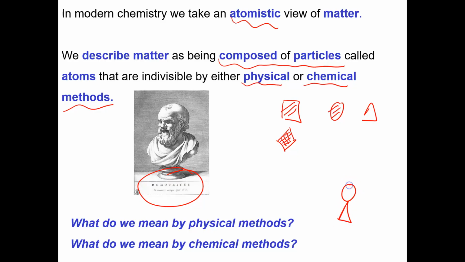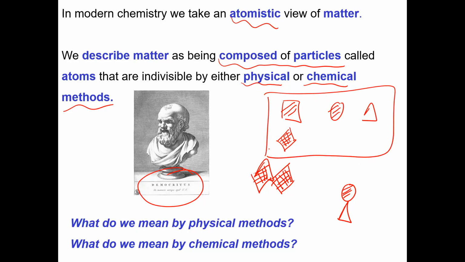So we might build something like that, or we might build something more like that. But we're just going to use our little set of building blocks to build up all of the things that are around us. Now, the little building blocks themselves can't be divided by any physical or chemical method.